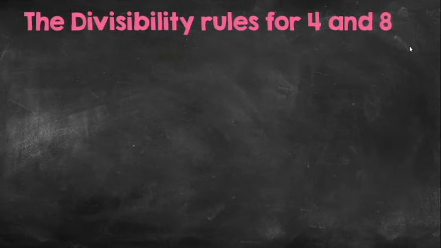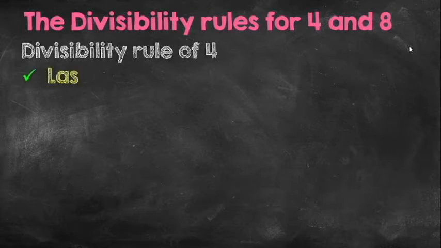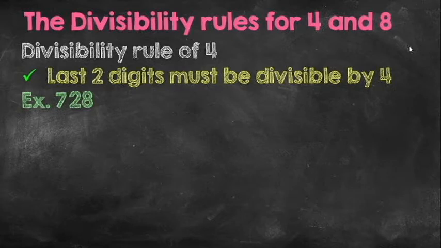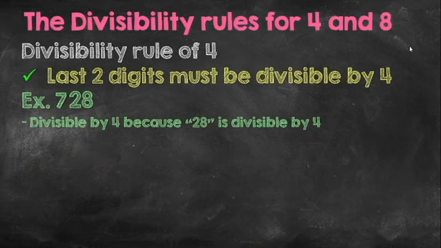We also have the divisibility rules for 4 and 8. Just like 2, 5, and 10, they almost have the same concept. The divisibility rule of 4 states that the last 2 digits of the number must be divisible by 4. Take, for instance, 728. 728 is divisible by 4 because its last 2 digits, which is 28, is divisible by 4.